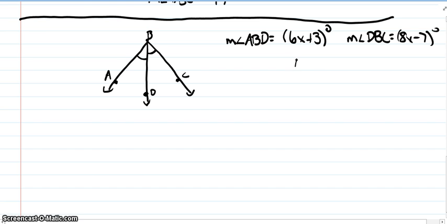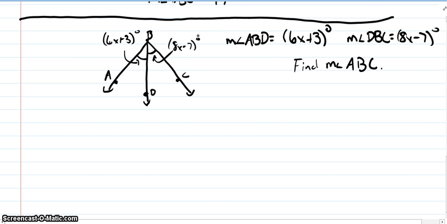And they want you to find the measure of angle ABC. So we know ABD and we know DBC. So this one is 6x plus 3 degrees, and this one is 8x minus 7 degrees.